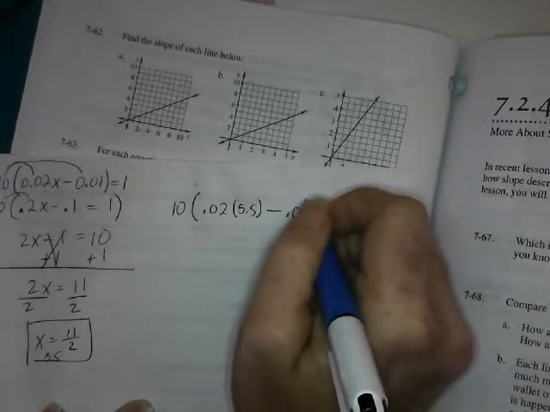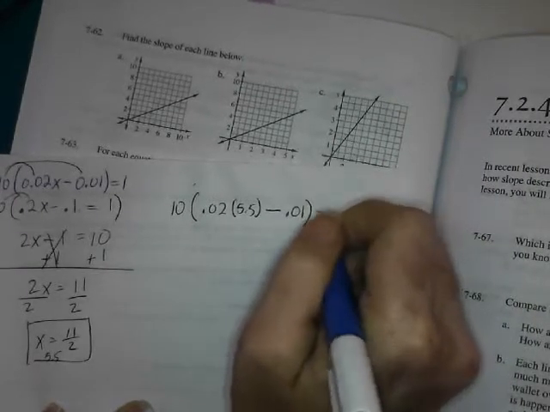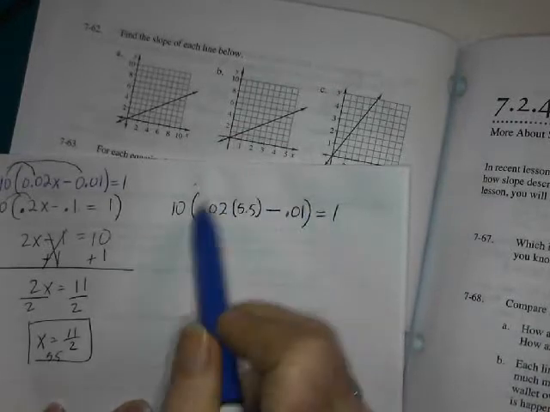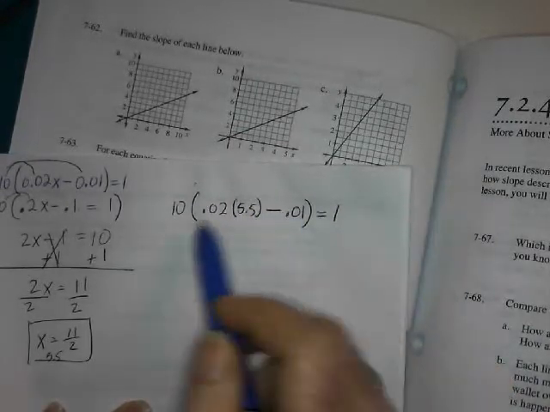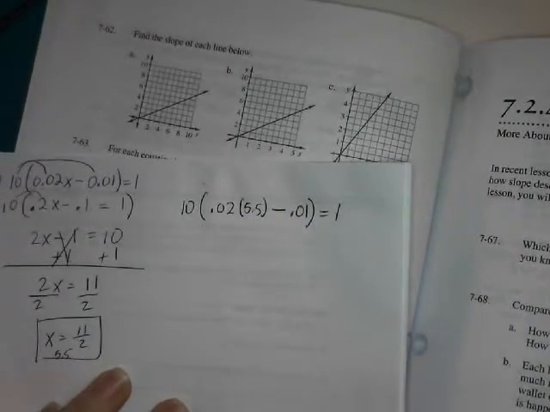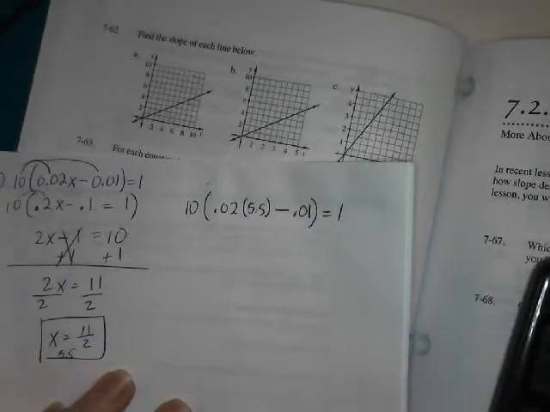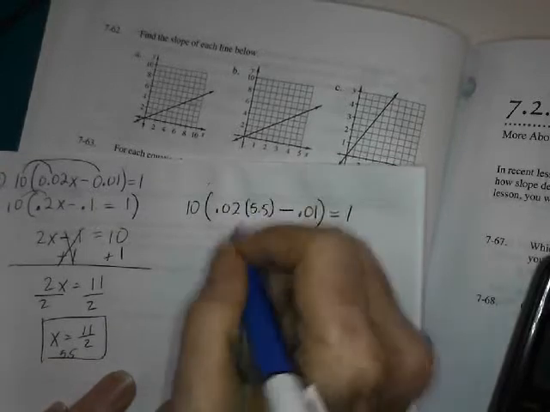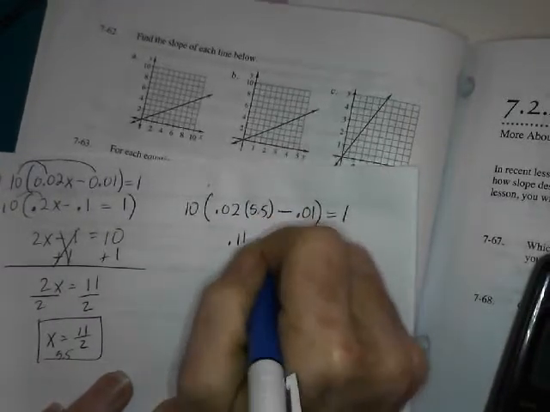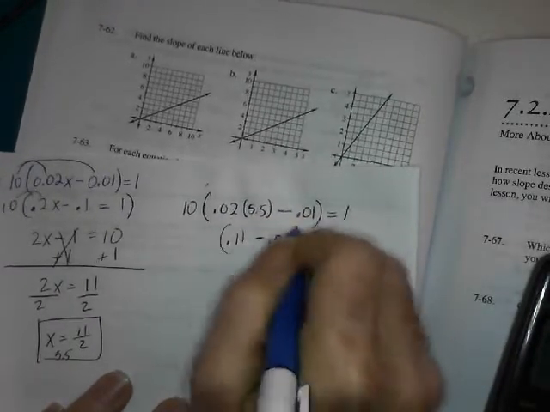I don't like those leading zeros. They just waste a lot of ink and room on my paper. Okay, so if I just do this calculation, and if the left-hand side ends up being 1, then I'll know I did it right. If not, I guess I'll rework it. 5.5 times 0.02 turns out to be 0.11 minus 0.01.